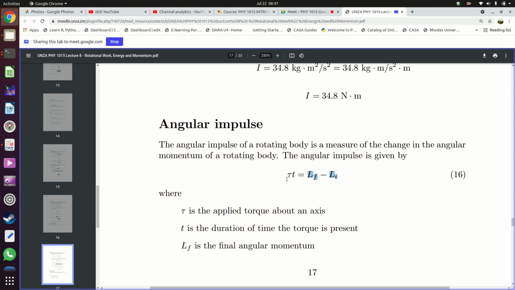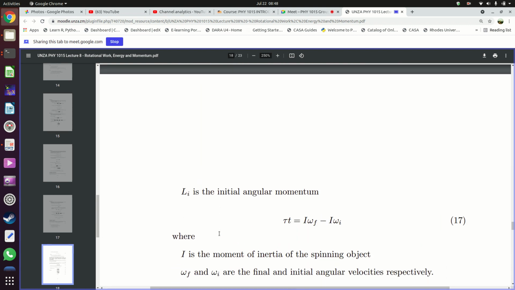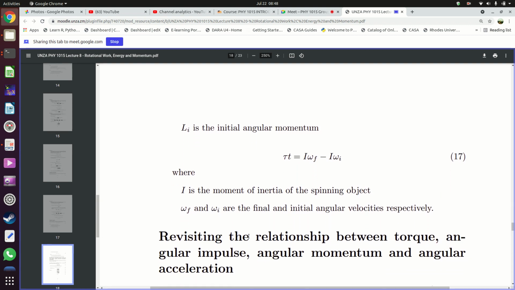Tau is the applied torque about an axis of rotation, t is the duration for which this torque is present, L f is the final angular momentum, and L i is the initial angular momentum.